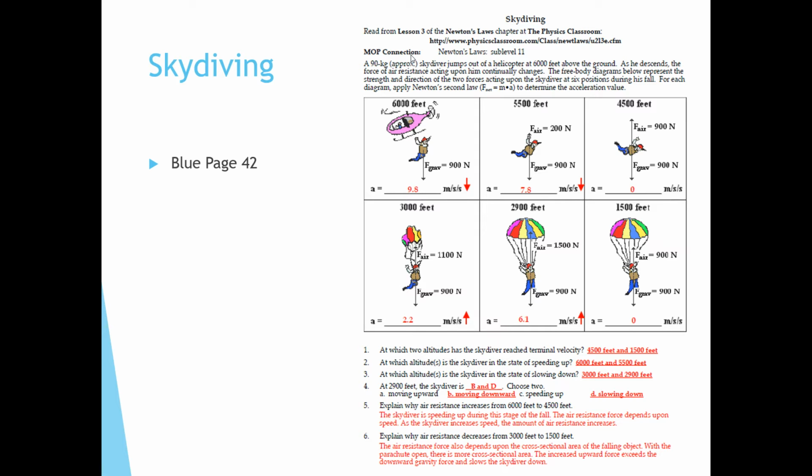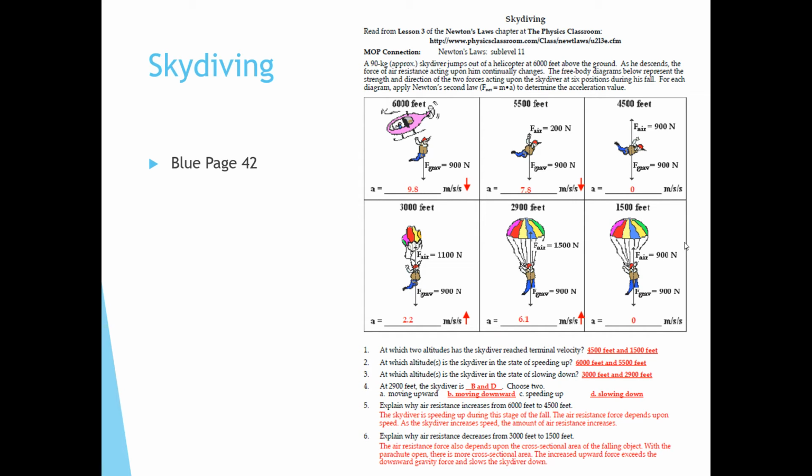Then in the next one, at 4,500 feet, they're balanced, so his acceleration is 0. At 3,000 feet, it's now 200 newtons upwards, so 200 divided by 90 is going to be about 2.2. The next one, it's 600 newtons upwards, so 600 divided by 90, and I get a little bit different number than this. It would be 6.7.